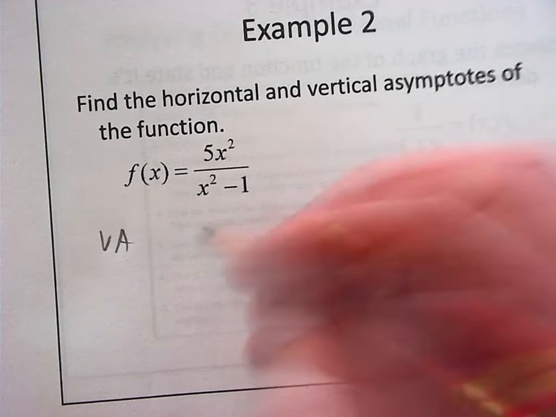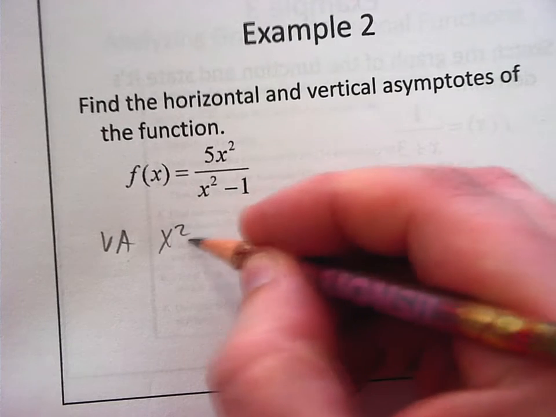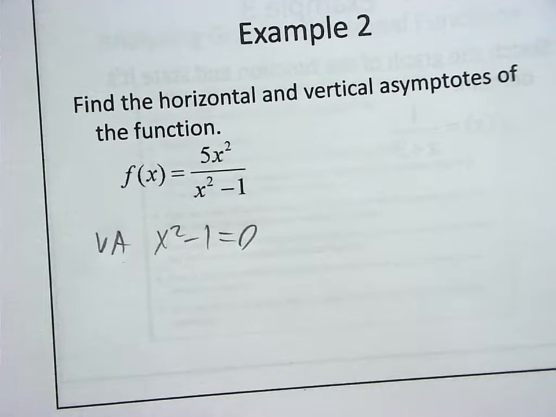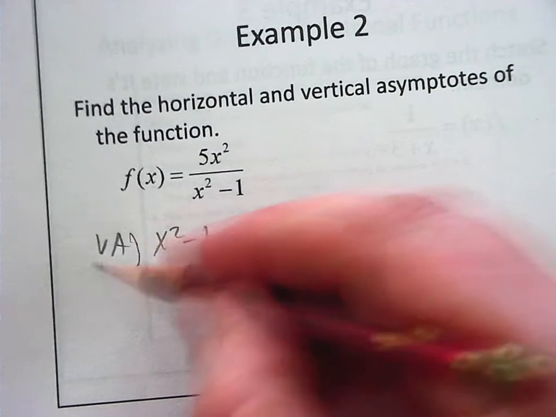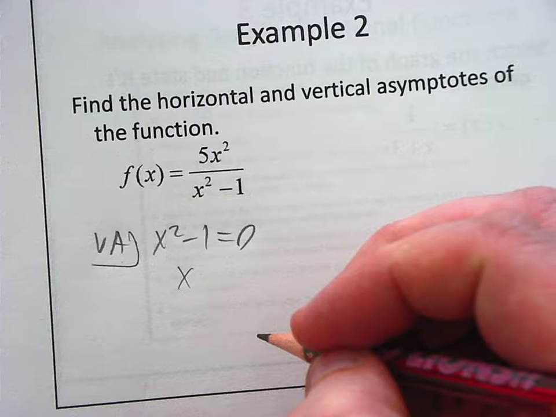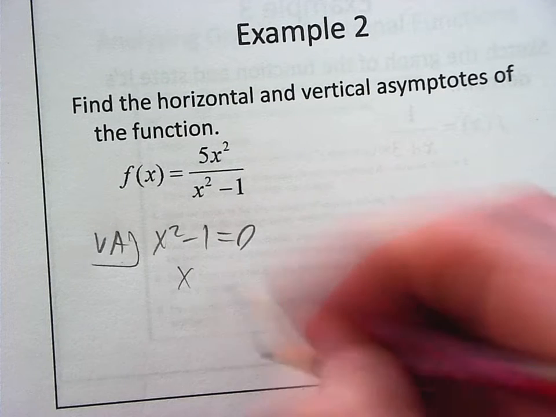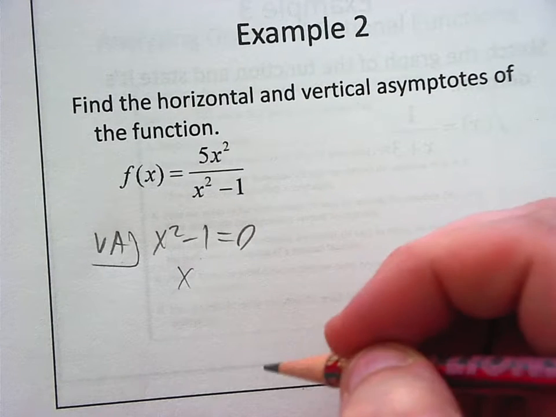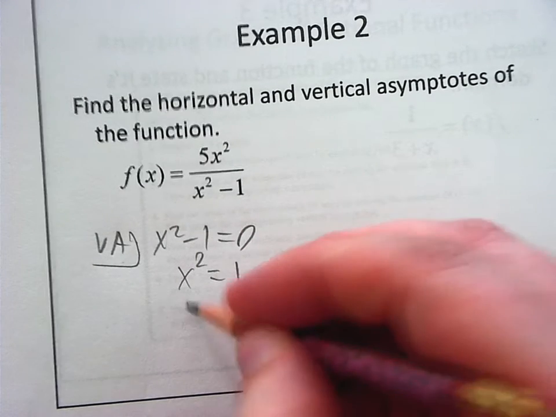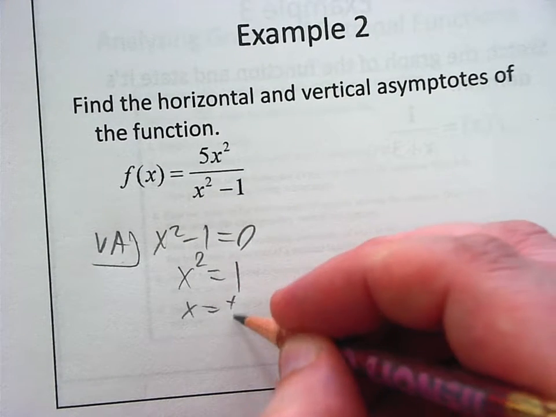Yeah, so you literally can just write, for the vertical asymptote, x squared minus 1 equals 0. Okay, so what's x equal to? Plus or minus the square root of 1. Or wait. Plus or minus 1. Yeah, plus or minus 1. When you move that over, you get x squared equals 1, so x is just equal to plus or minus 1.